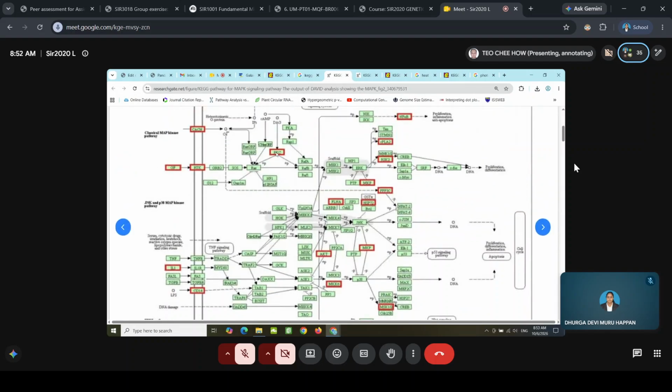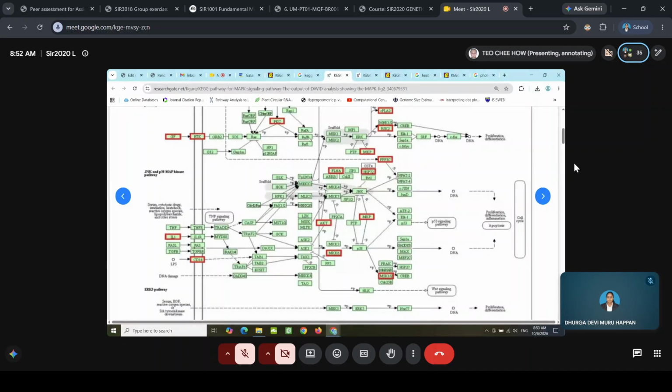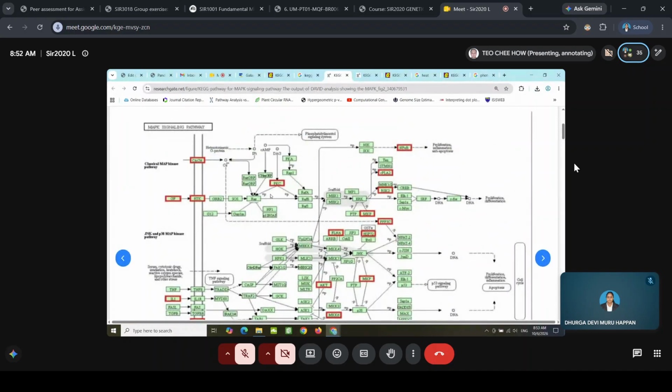The others are the ones with general expression. You see many genes are downregulated here, because green usually means downregulated. Yellow means you have two sets of genes, one up and one down, and red means upregulation.